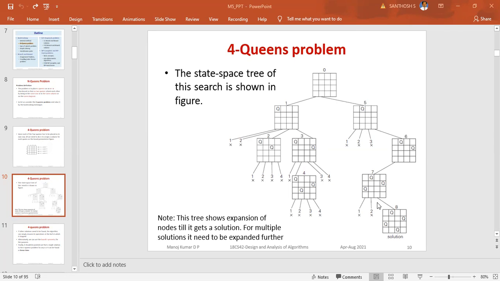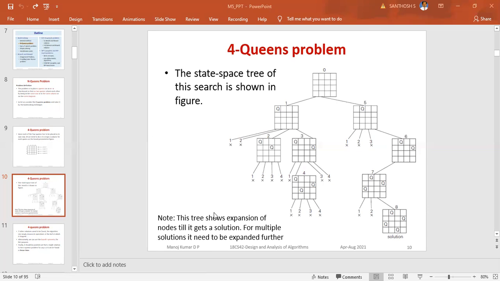So like that you have to keep on checking and you have to place. This is the solution. So the first queen is at second, the second queen at last, the third queen at first, and the fourth queen at third. So this is the four queens problem.